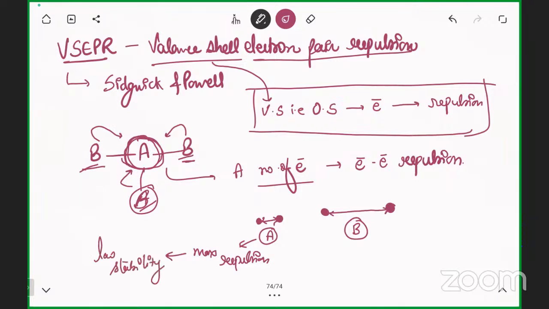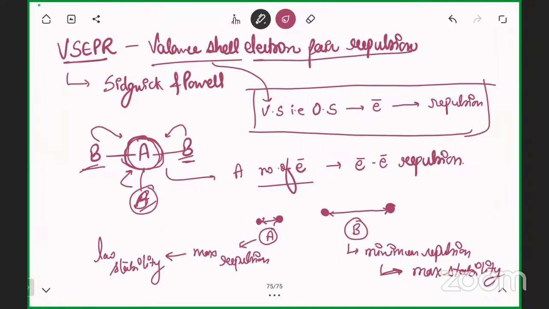Every element tends to occupy the minimum repulsion condition, because if minimum repulsion is there, electrons will be settled and they will get maximum stability. So just remember this point: maximum repulsion, low stability; minimum repulsion, maximum stability.